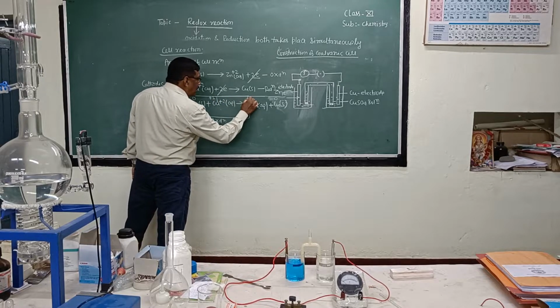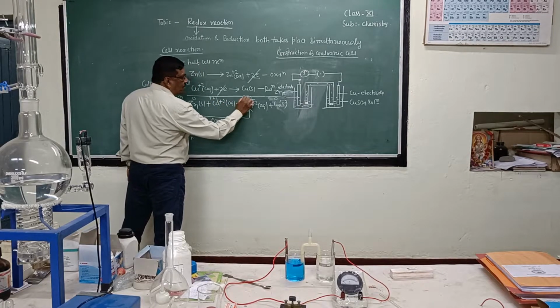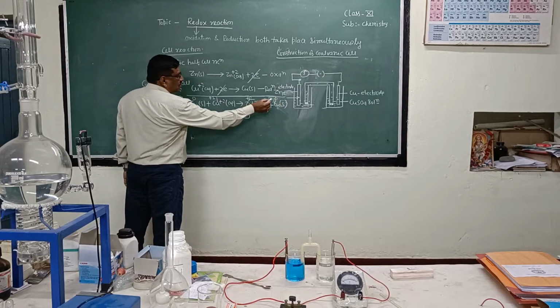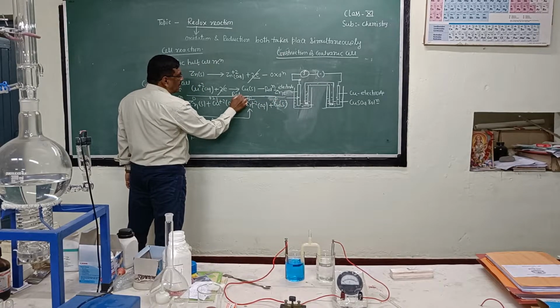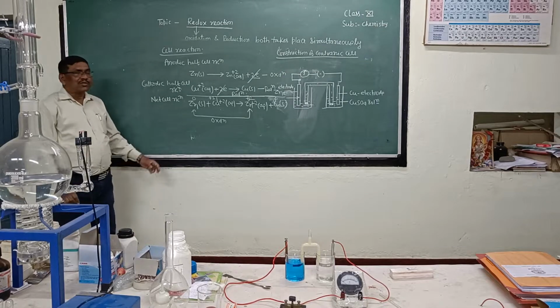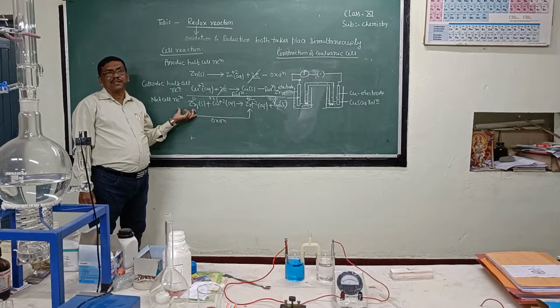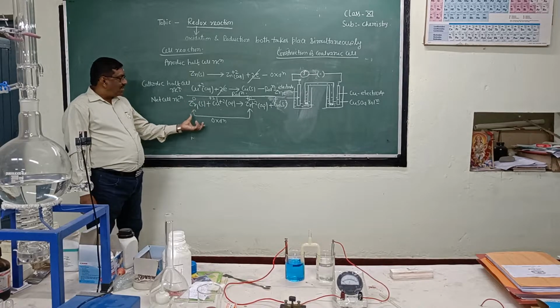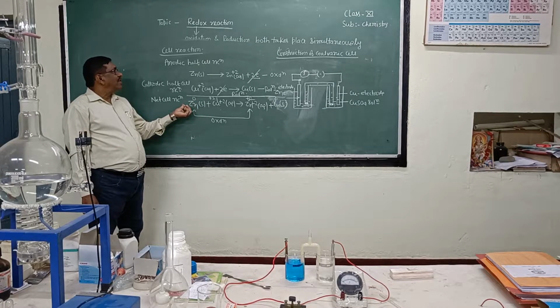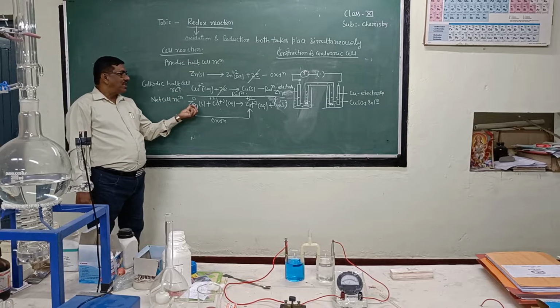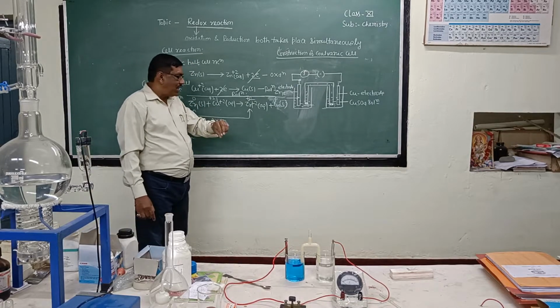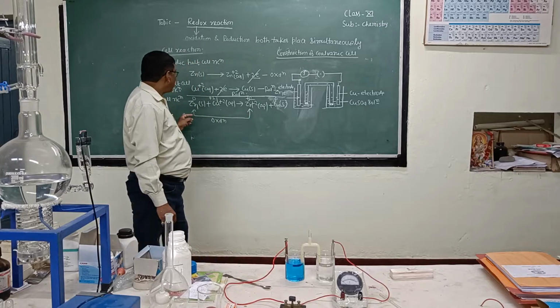The oxidation number of copper is reduced from +2 to 0, so this must be called reduction. So it is a very familiar example of redox reactions. It is clear from this reaction that in the galvanic cell, oxidation and reduction both take place simultaneously.